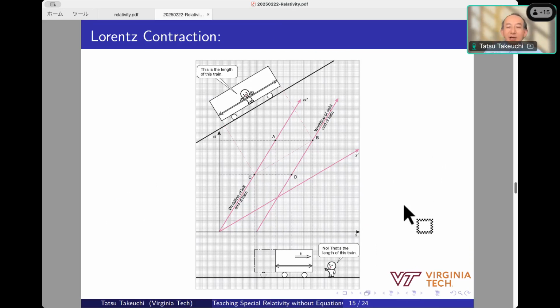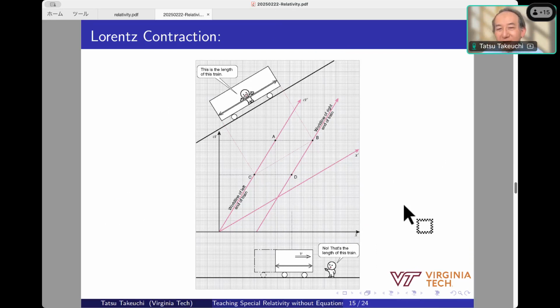But if you're looking at an object which is moving relative to you, then naturally you want to figure out where the right end of the object is and where the left end of the object is at the same time. Agreed?